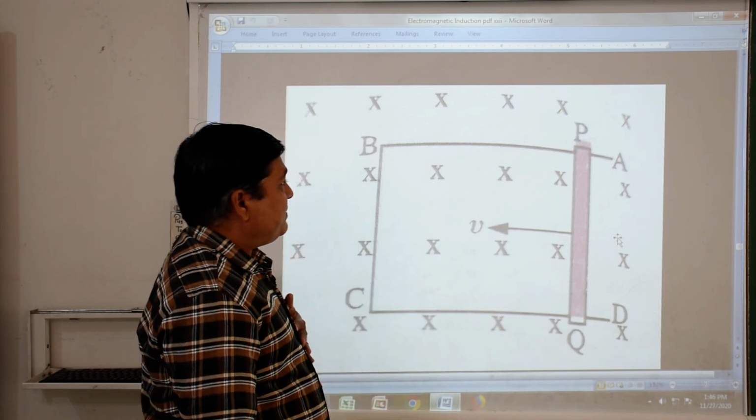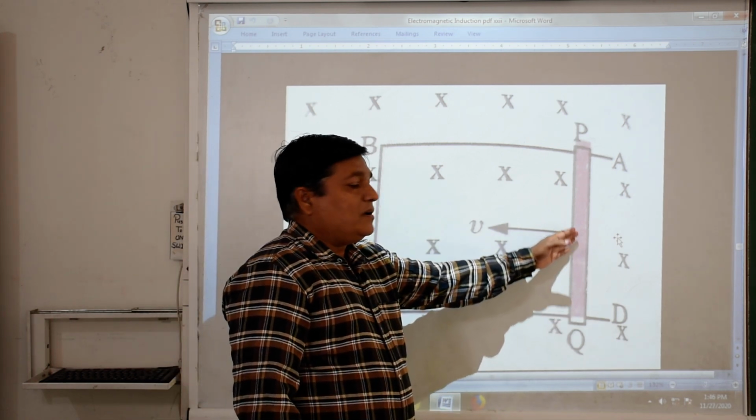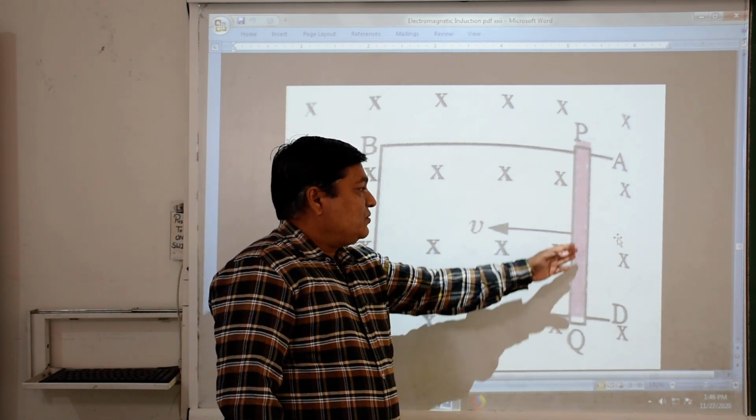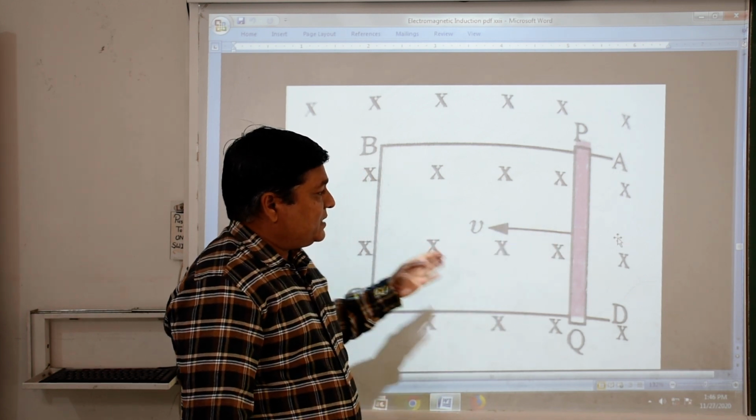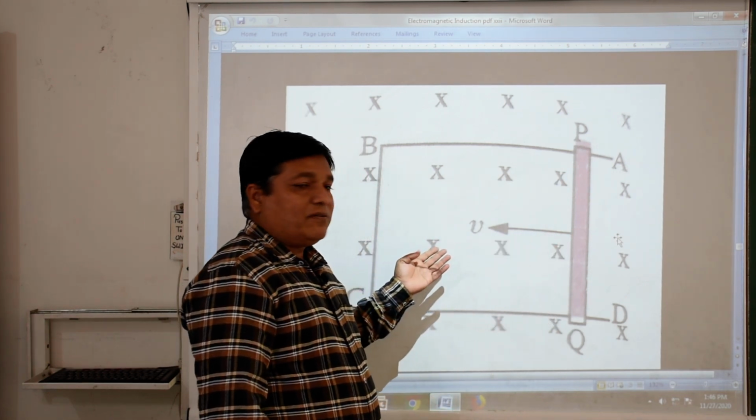When force is applied, this conductor PQ will move, so if it moves in this direction, its velocity will be in this direction.